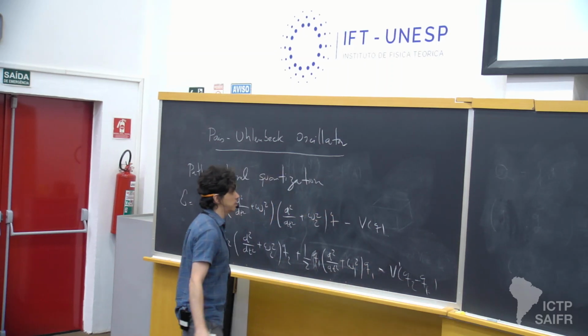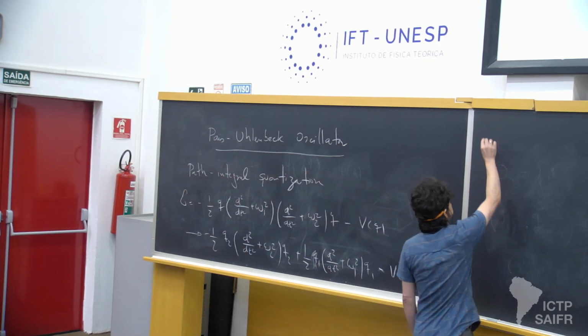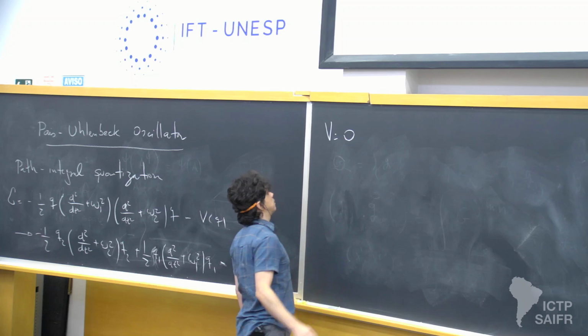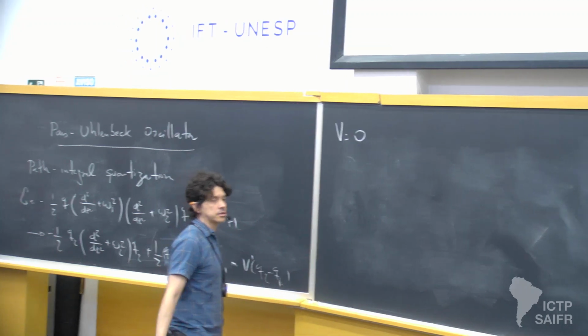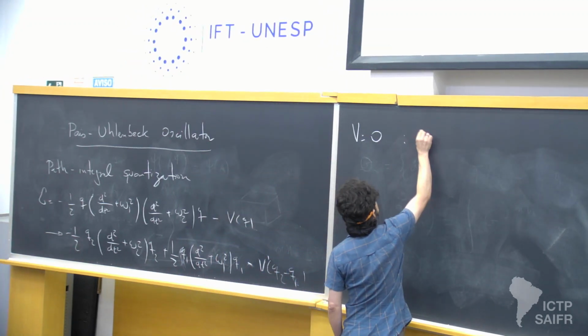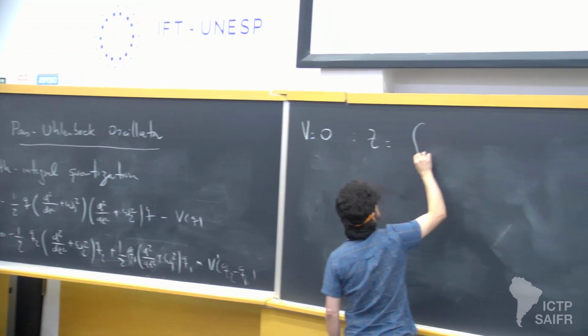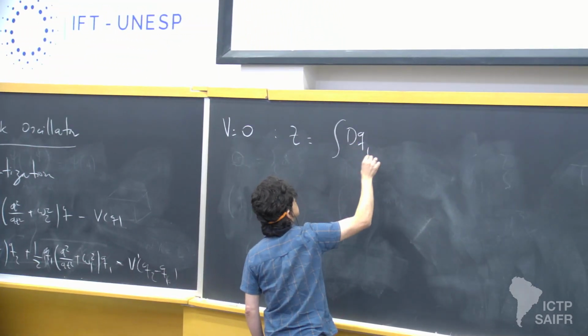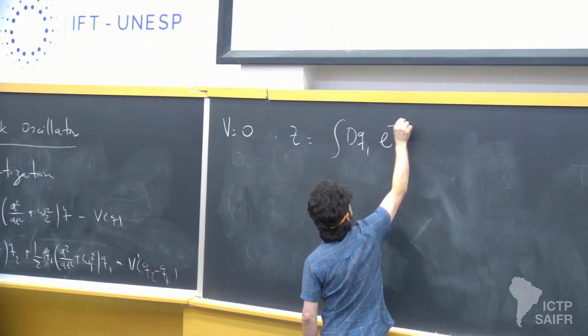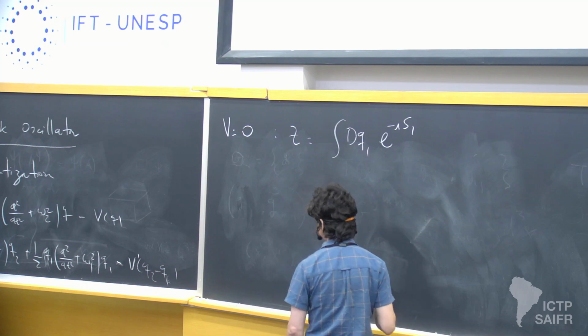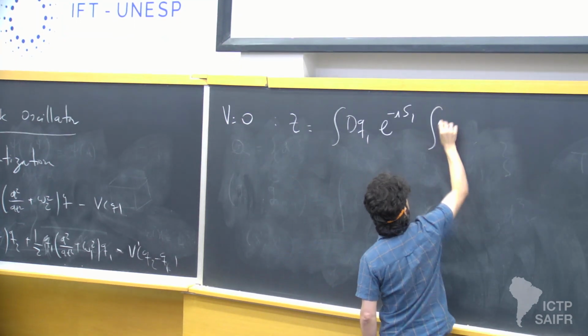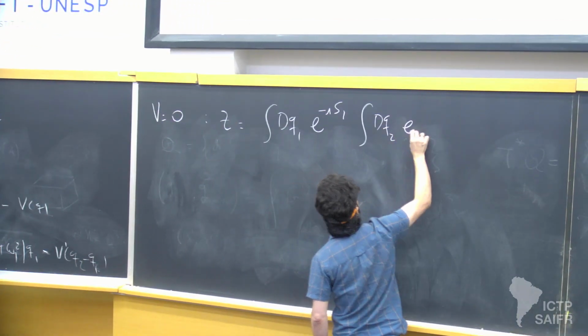And then we saw that if we put the potential equal to 0, then the path integral completely factorizes into one contribution, which I'm going to write in this way, and another contribution that I'm going to write in this way.